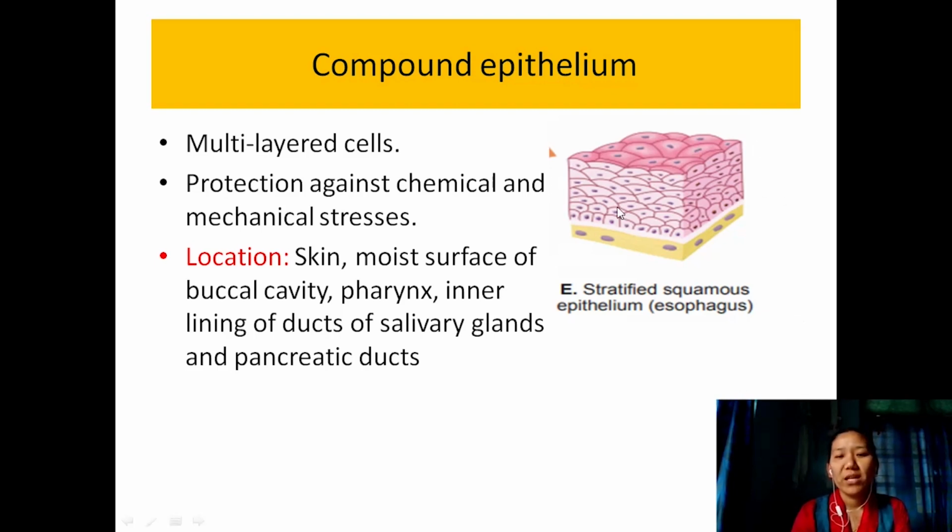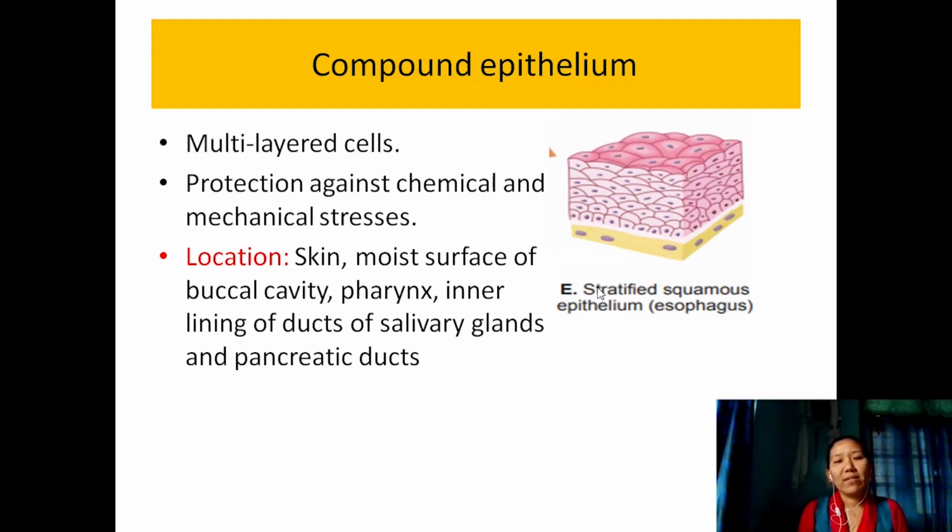The picture shown here is of stratified squamous epithelium, which is found in the esophagus. So epithelial tissues are divided into two, simple and compound, and in both, the three cell shapes are found: squamous, cuboidal, and columnar. Simple epithelium functions mainly in diffusion, absorption, and secretion, while compound epithelium is mainly for protection against chemical and mechanical stresses.